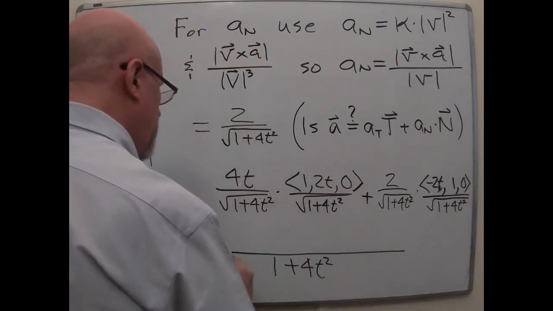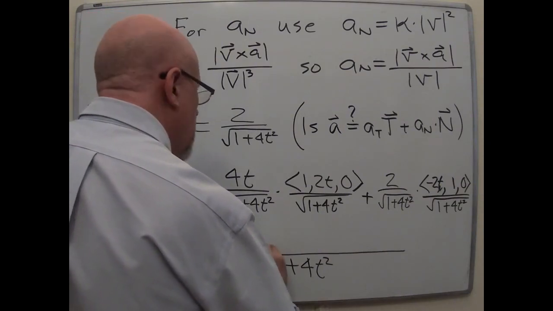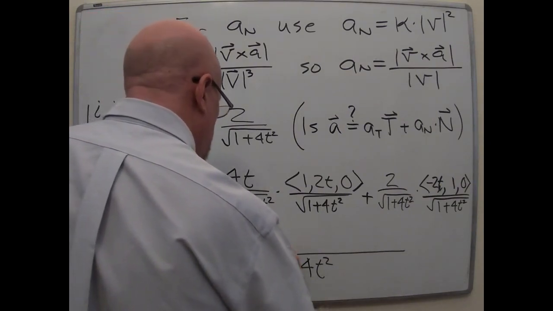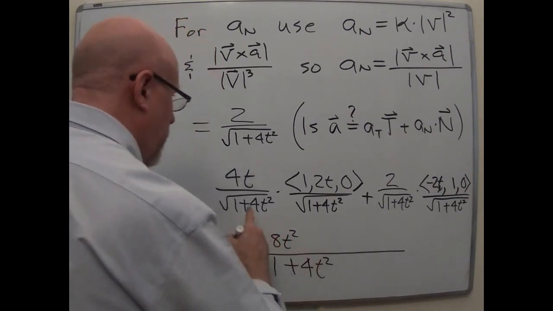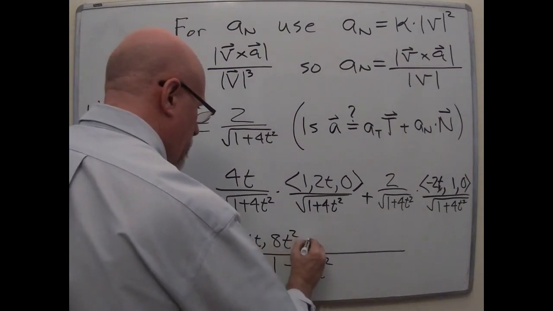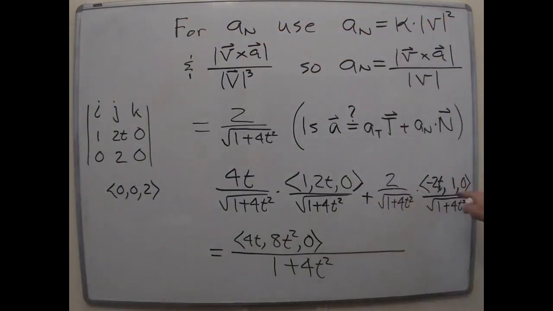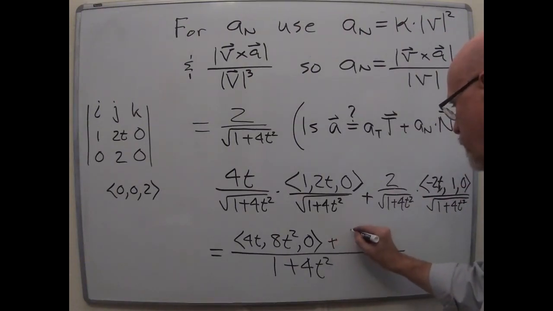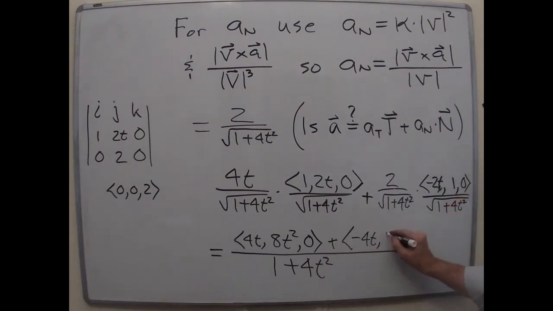4t times this vector gives us 4t, 8t. Oh, I'm sorry, 8t squared. 4t times 2t is 8t squared, and 0. 2 times that vector gets me minus 4t, comma 2, comma 0.